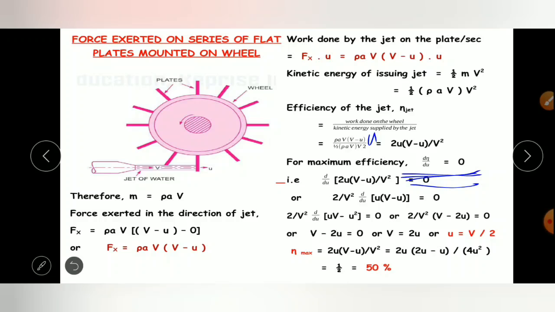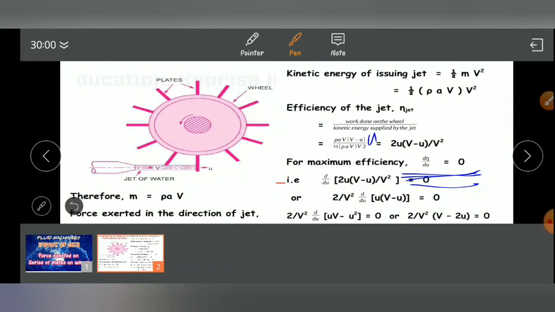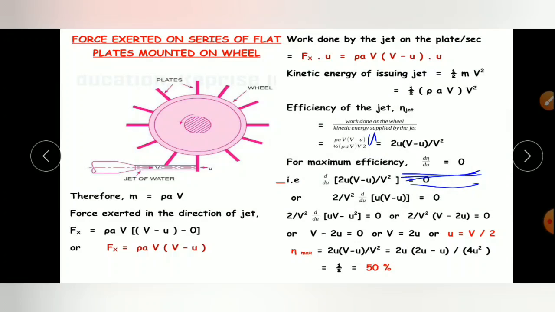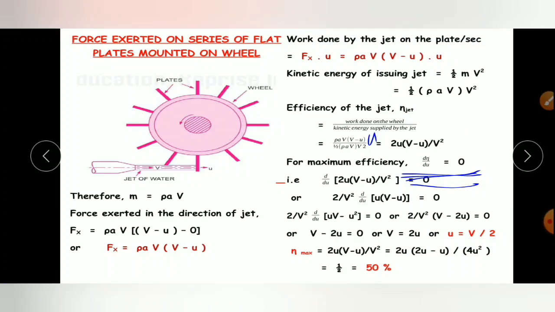Therefore, derivative of 2U into V minus U upon V square equals 0. 2 is a constant and V square is also constant, because V is the velocity of the jet.